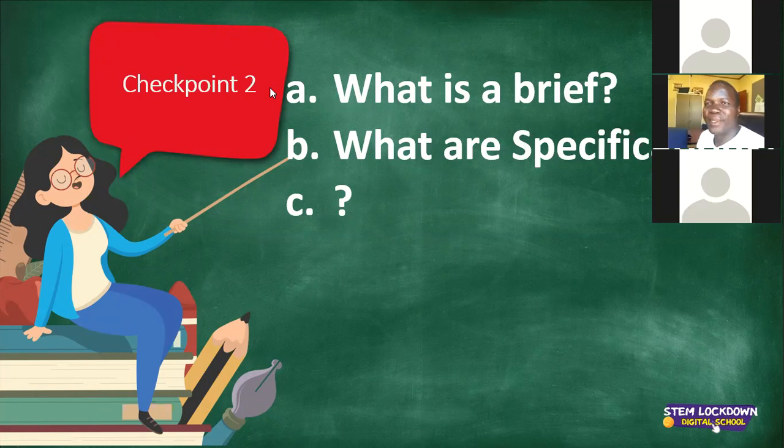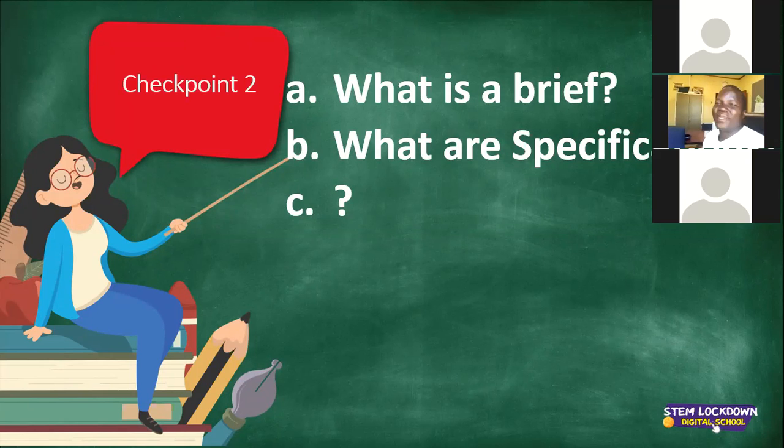A design brief is like a plan for what you're going to design. Good, thank you. You are a very clever student. That is correct. It's simply as that. You just tell them what it is that you are going to design.